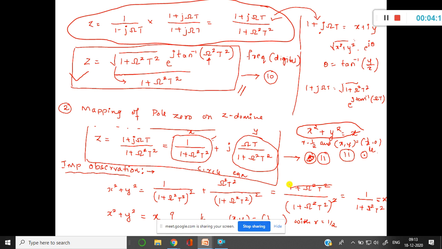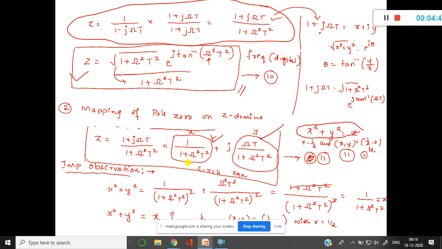So this is just an observation from the equation. A slight modification, that is 1 divided by 1 plus omega square T square, plus j times omega T divided by 1 plus omega square T square. When I take the square of this and this, it is going to give me back the x itself, which is nothing but a circle equation with a radius of 0.5.